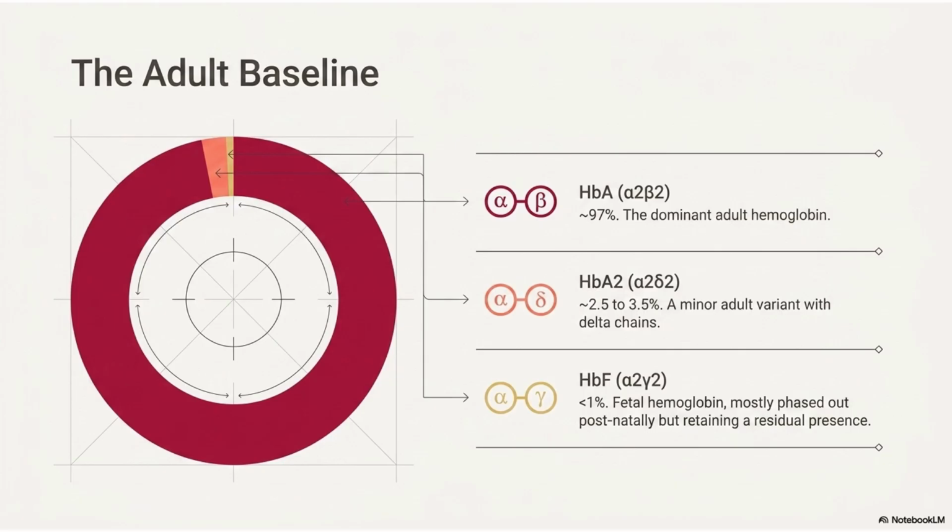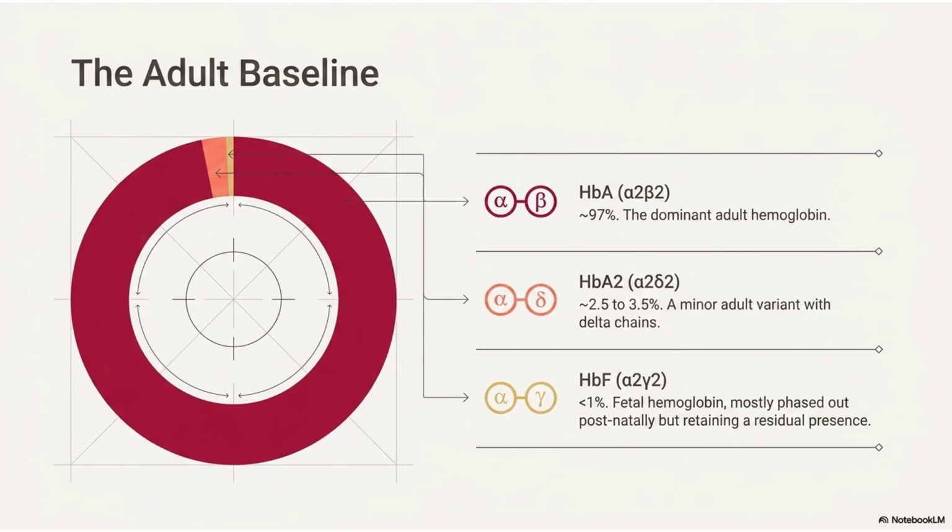A much smaller fraction, about 2.5 to 3.5%, is hemoglobin A2, or HbA2. Instead of 2 beta chains, HbA2 contains 2 delta chains, giving it the structure alpha 2 delta 2.